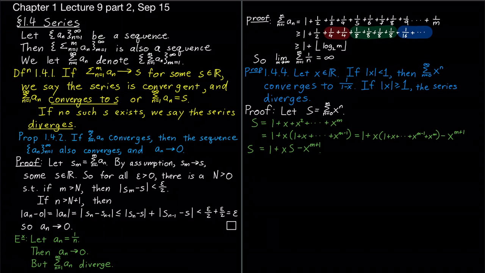And then we're going to take this leftover piece, this excess, and we'll subtract that off to the other side. We'll get S minus x times S is 1 minus x to the m plus 1. And we can also write this out a little bit more formally using sigma notation.